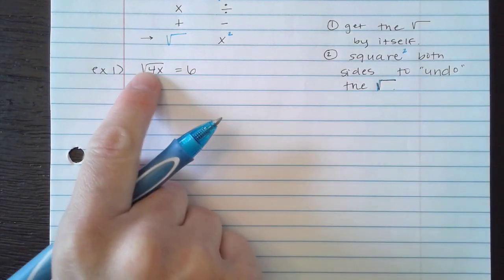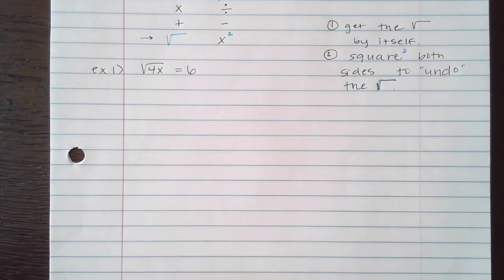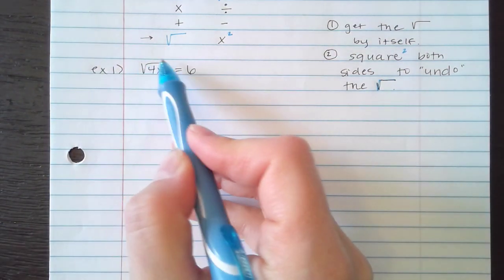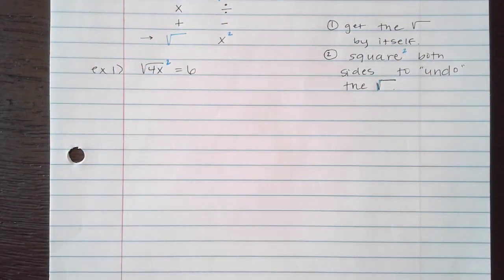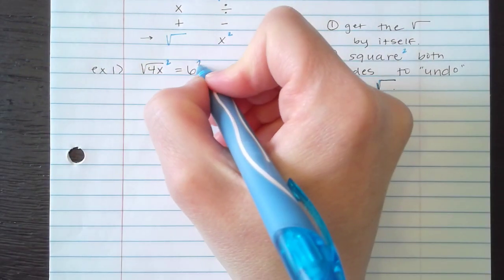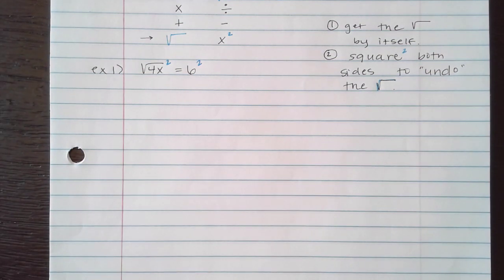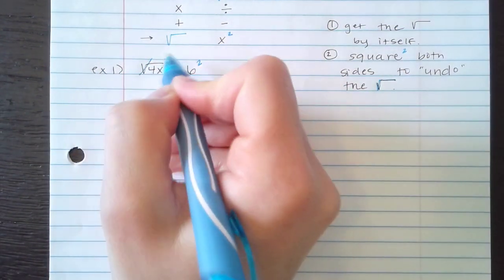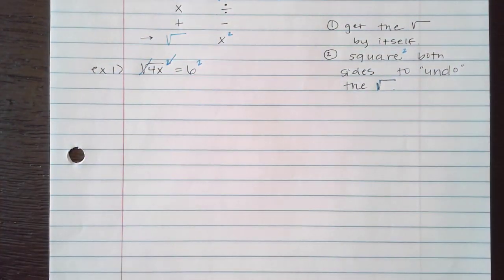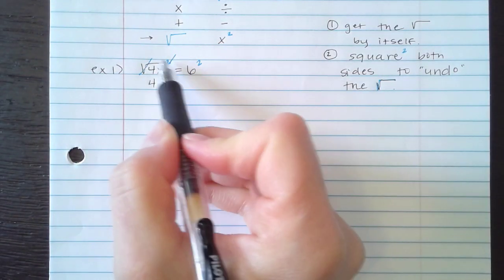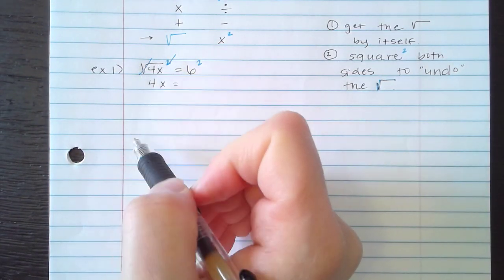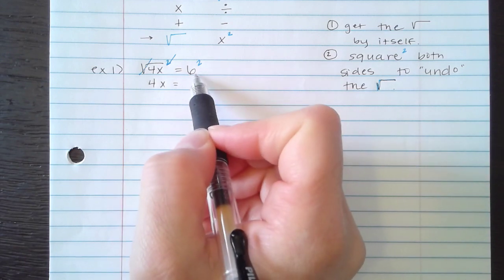For example, if I just had the 4x, you would divide by 4 to get rid of it. If I want to undo or get rid of the squaring, you need to square it. But whatever you do to one side, you have to do to the other. So in this case, we had to get it all by itself, which it already was. Square both sides because that's going to undo the square root that we already had. So 4x is equal to, because those just crossed out, that's why the square root went away, but it doesn't cross out over here.